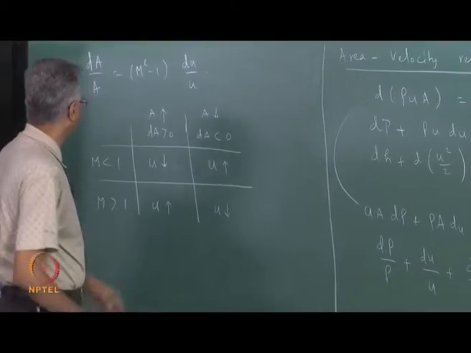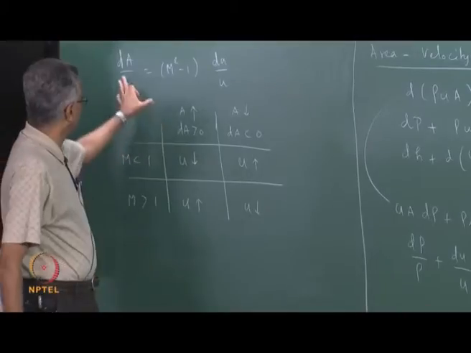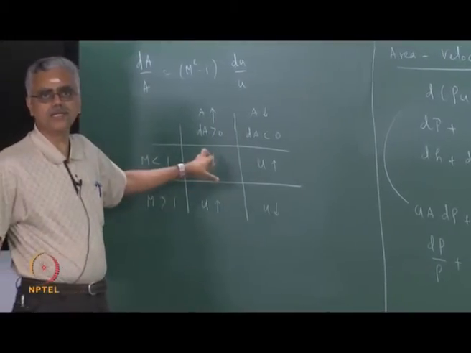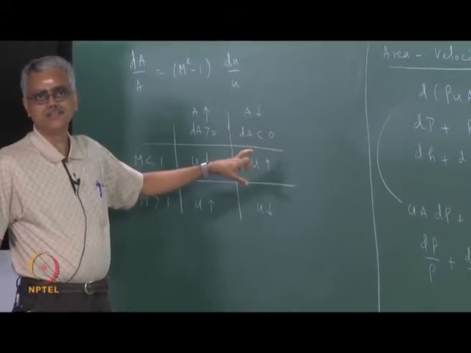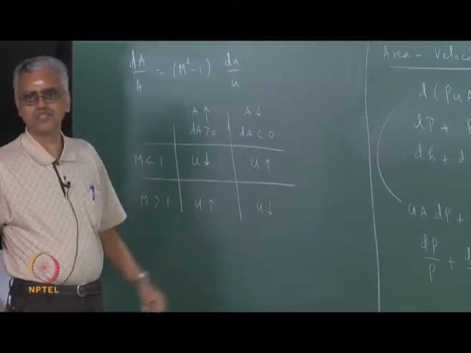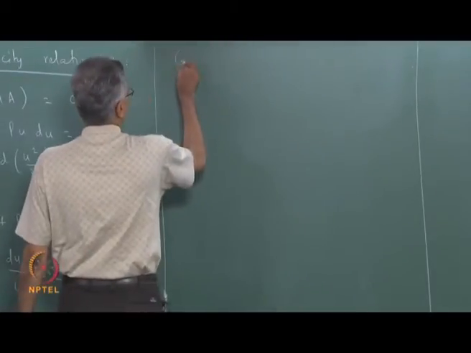Okay. Now, notice that there are actually three possibilities in this equation for dA. We have looked at dA positive, dA negative, but we have not looked at dA equal to 0, right. That is also a possibility which we must entertain, and that brings us to the next topic.